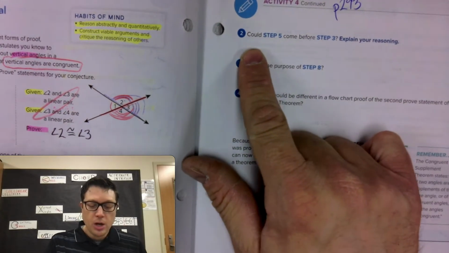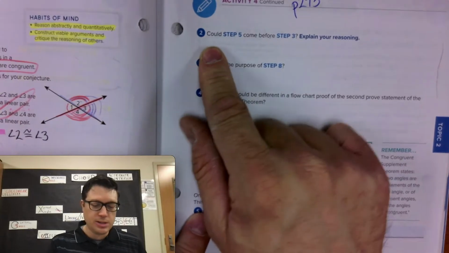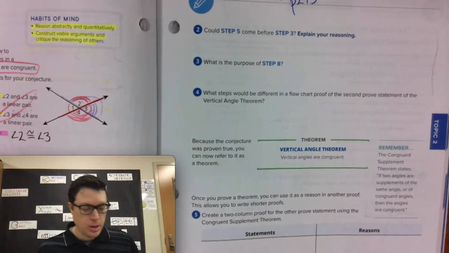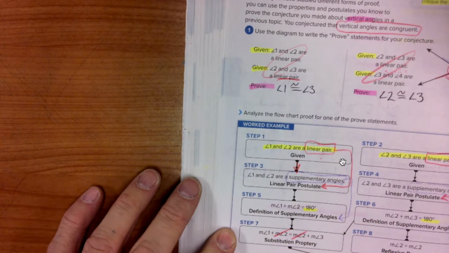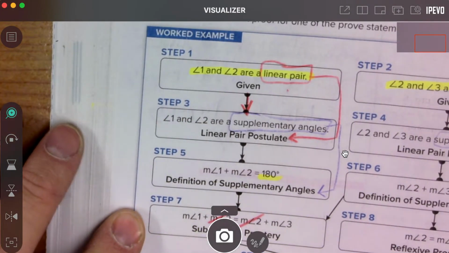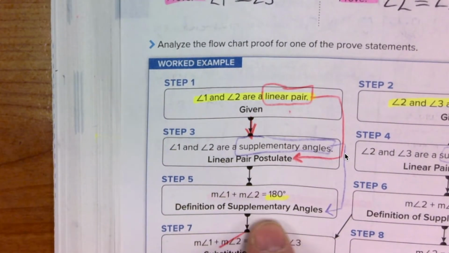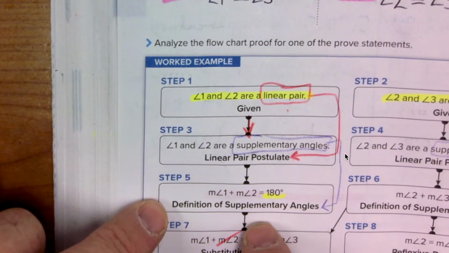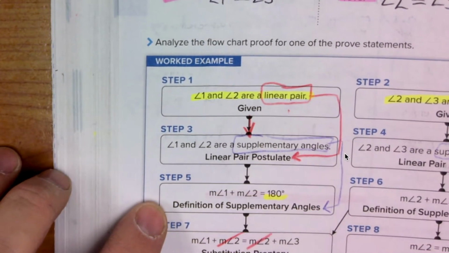Question two says, could step 5 come before step 3? Explain your reasoning. Let's go back and take a look. Step 5 is talking about the definition of supplementary angles, and we want to know if it could come before step 3.